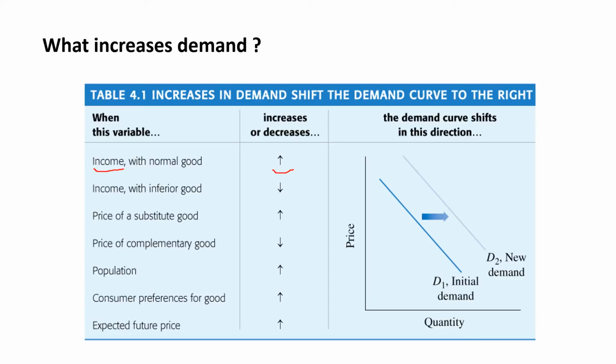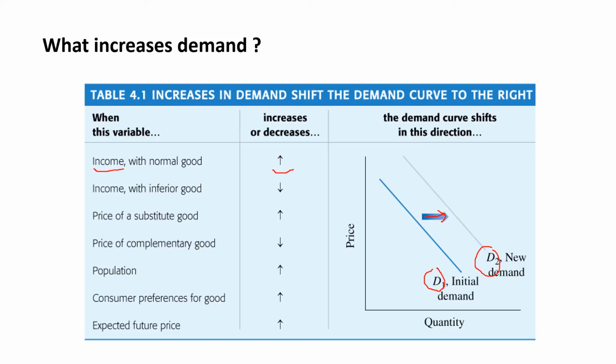The demand for normal goods will increase, of course, because if your income increases, you will buy more branded, luxurious products. You will buy new products, not second-hand. So the demand for normal products will increase, and this will cause a shift to the right of the demand curve. The demand curve will move from D1 to D2.